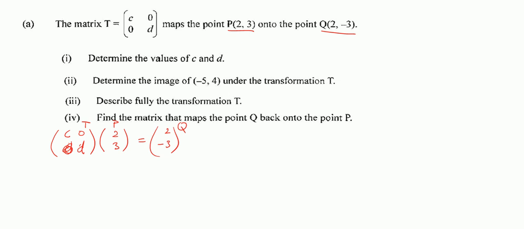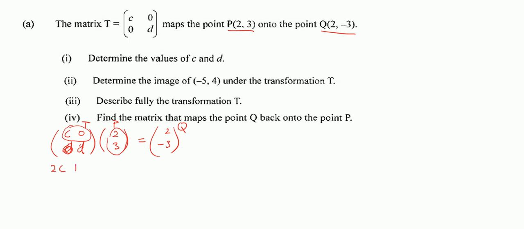Alright, so we're going to multiply row by column. First row by this column: C multiplied by 2 gives me 2C, and 0 multiplied by 3 gives me 0.